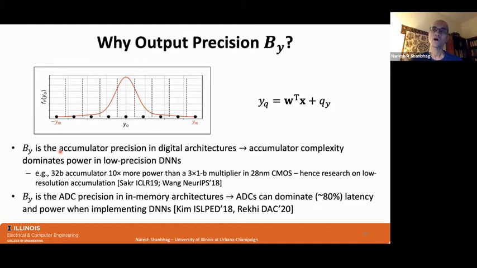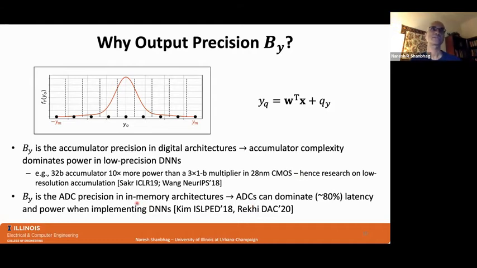That output is the output of an accumulator. So you end up with gigantic accumulators, even if the multiplies are low precision. There's been a lot of work recently in figuring out, can I use a low complexity accumulator without compromising on the network accuracy? Okay, so that's for digital architectures.